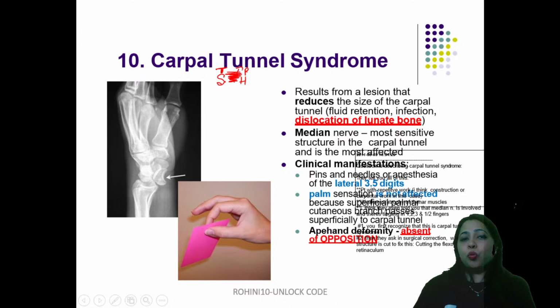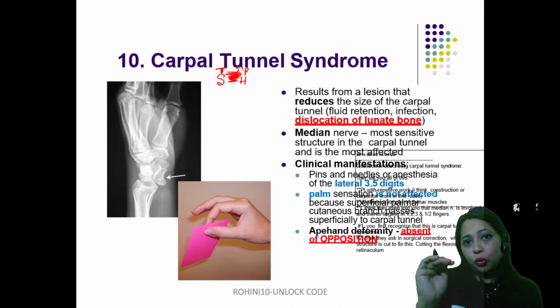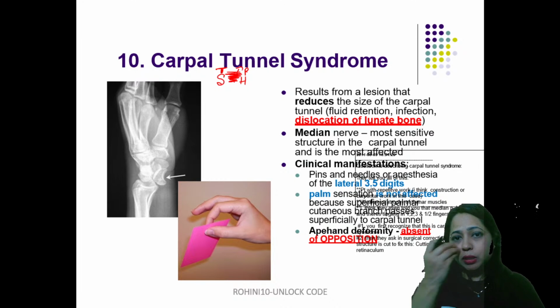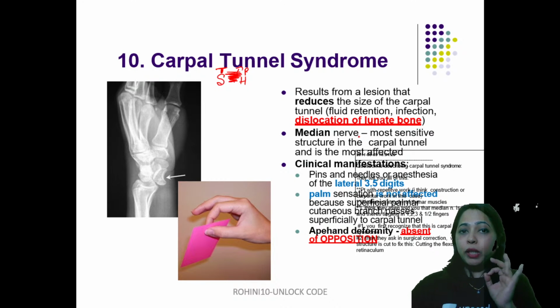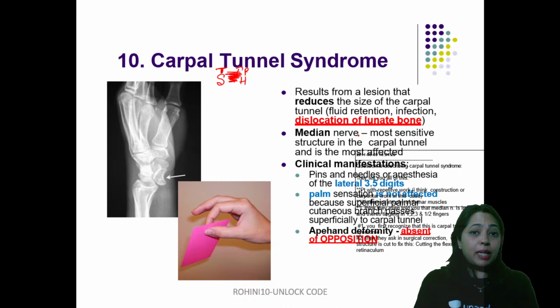There are structures that pass underneath, and structures that go over the carpal tunnel. Here the carpal tunnel is reduced, and there is fluid retention, there could be infection, and there could also be dislocation of the lunate bone. So remember, whenever there is carpal tunnel syndrome, there is always a chance of dislocation of the carpals.